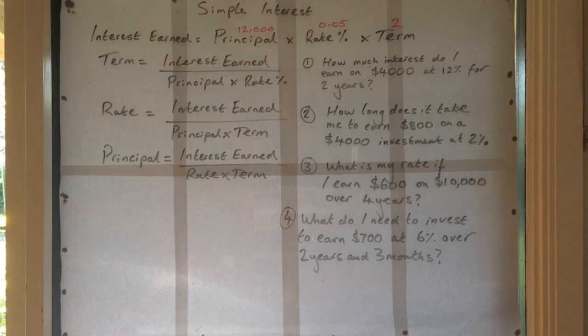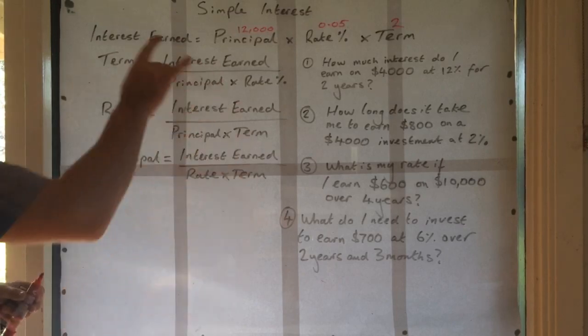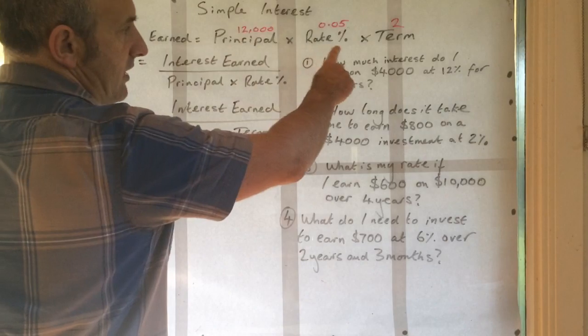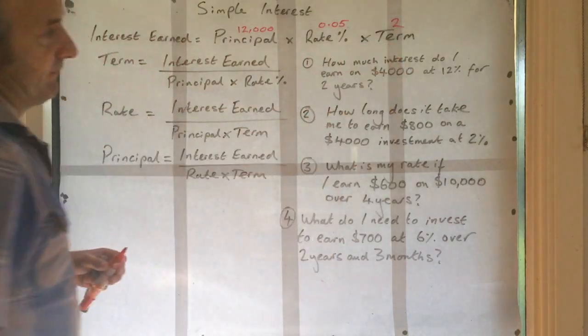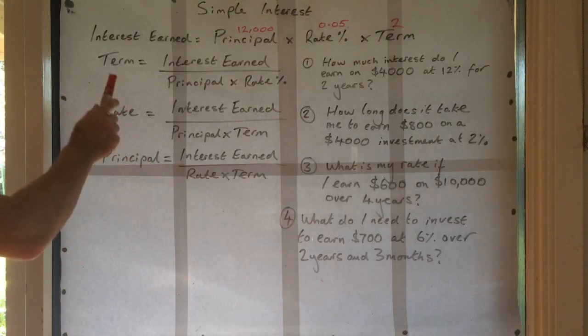So I think, well, that's great. The interest I earn is the principal times the rate, what I get as a percentage, times the term. But what if you give me a question asking how long it takes something to occur? Then we use this formula here.